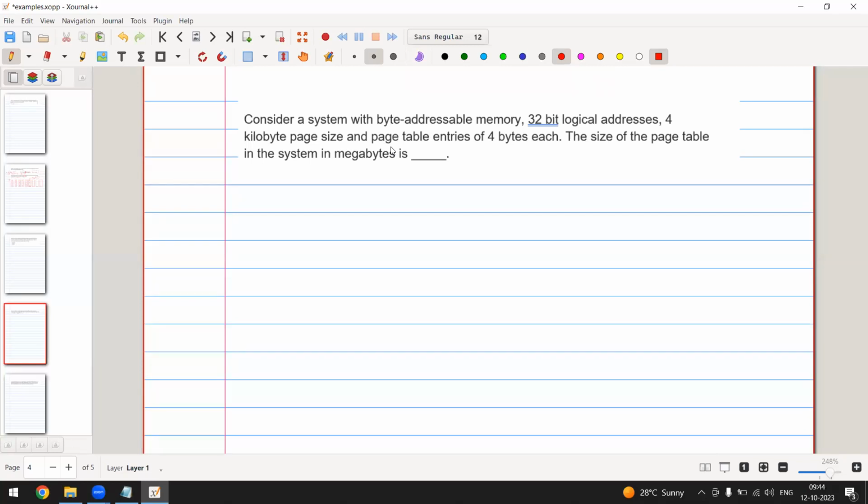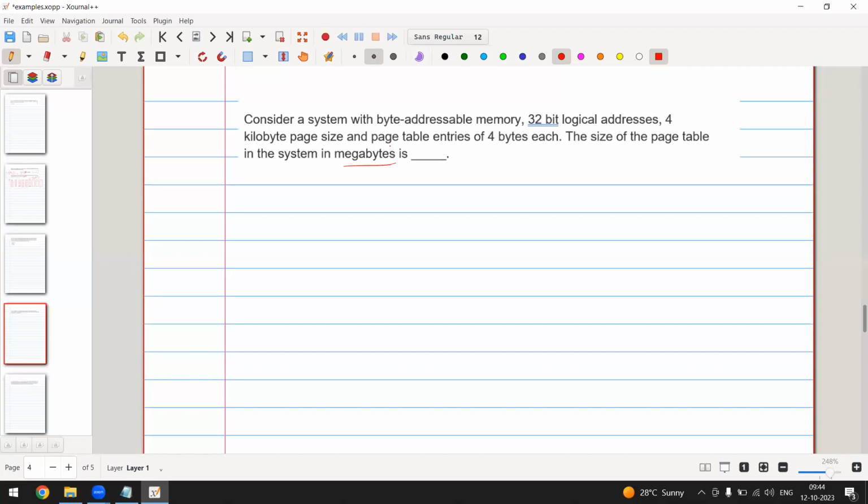It says to consider a system with byte addressable memory, and you have a 32-bit logical address. The page size is 4 KB and the page table entries are of 4 bytes each. The size of page table in the system in MB is dash.